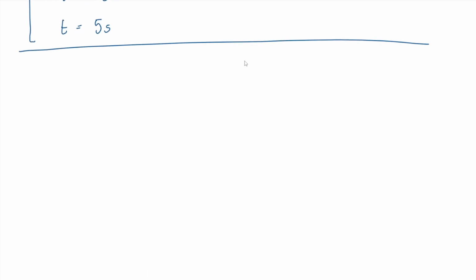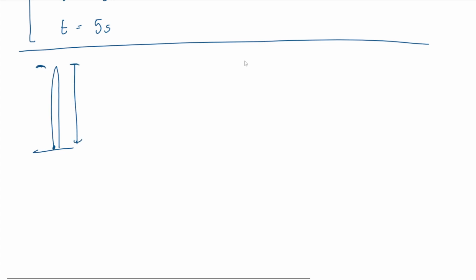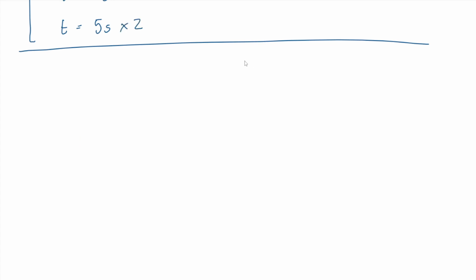We could firstly acknowledge that since it starts on the ground, goes up, comes back down, the time it takes to get to the top is the same as the time it takes to get back down, and in fact we could simply double the time we got in the last question, right, because it's symmetrical. So option 1, the easy method, but it doesn't always work. In this case it does because it's symmetrical.